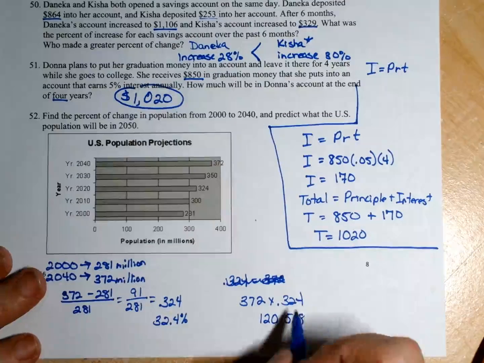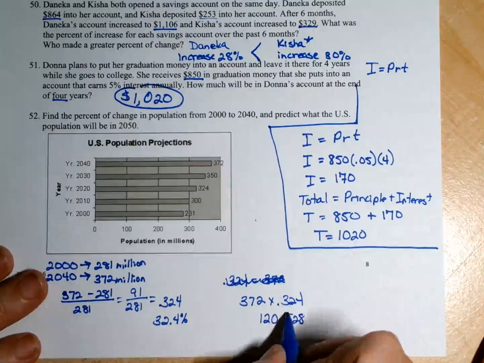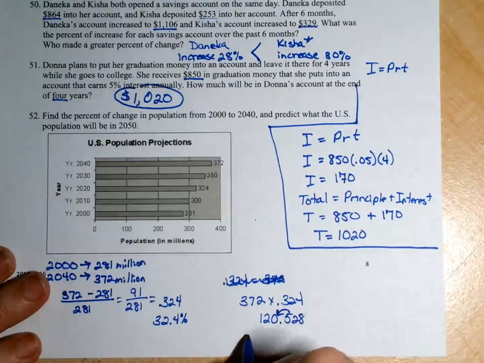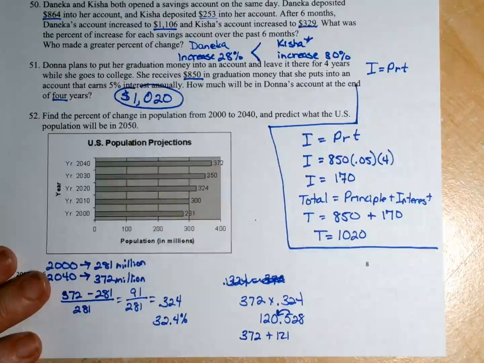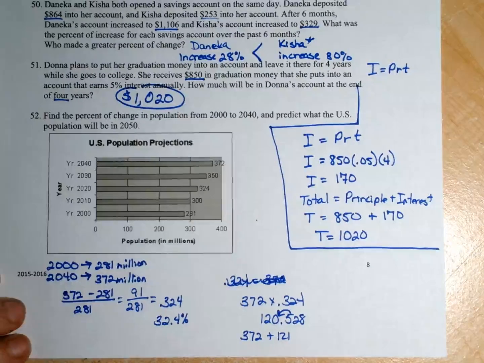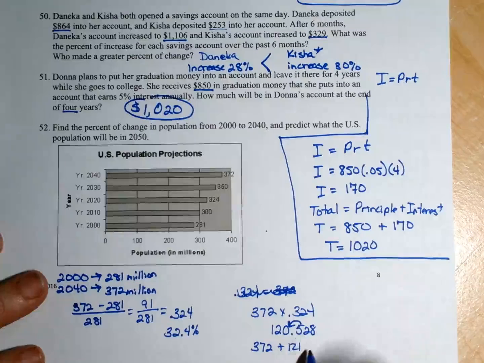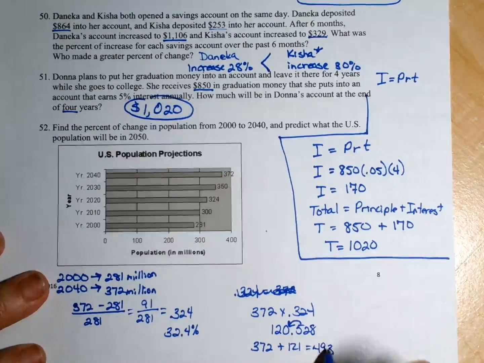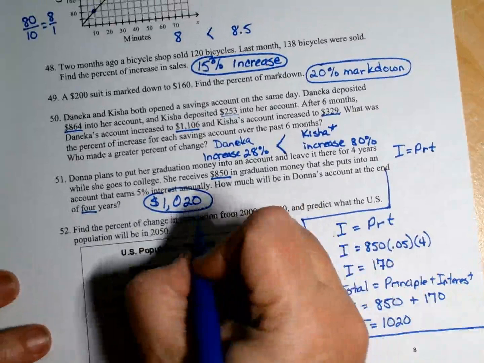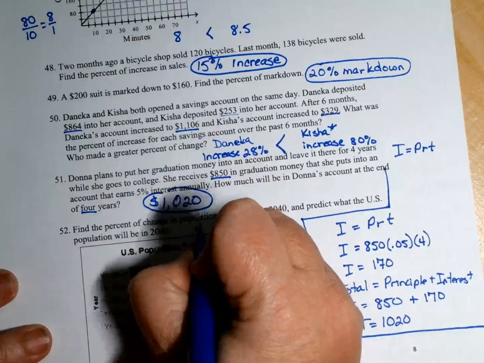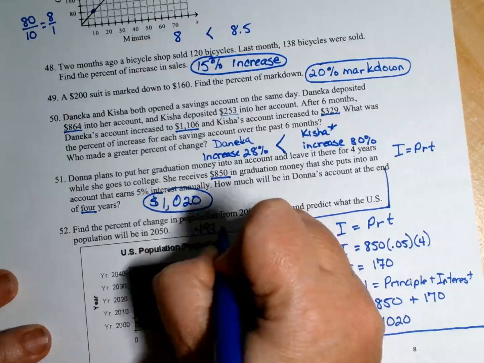We're just going to round that to, we'll just say 121. So we're going to have 372 plus 121, 493 million. Okay, so we can make a prediction of 493 million.